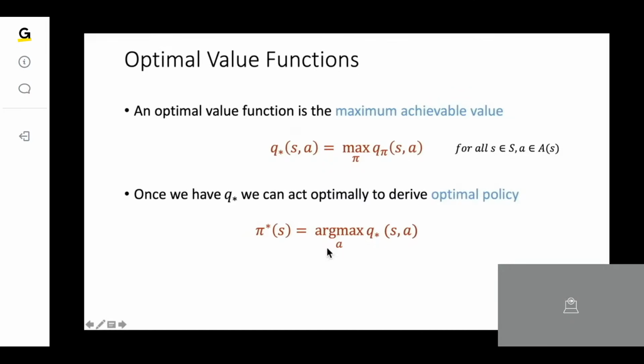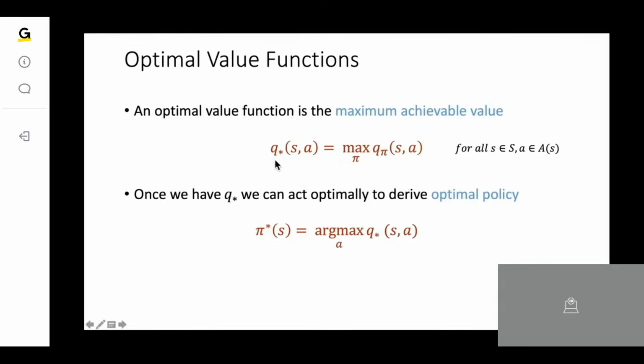All it has to do is run the second equation, which means that if the agent is in state S, then to decide which action to take, it has to just look at the action that gives the maximum Q value, and that becomes our new policy. That becomes the optimal policy. So if we can compute the optimal value function, then we can derive the optimal policy. I think this connection is very important because many algorithms rely on this particular connection.